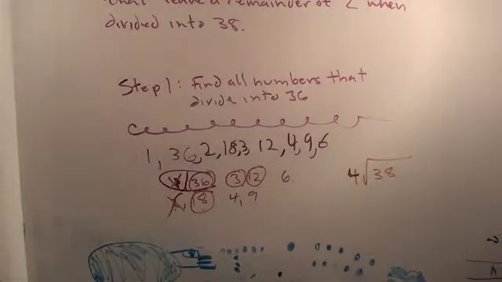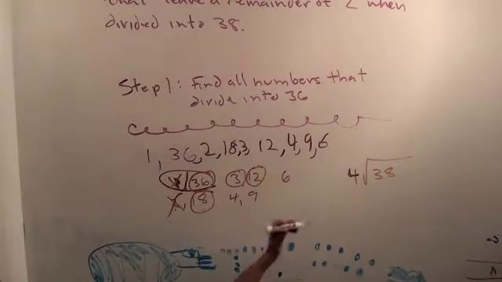What do you do? 4 goes into 3 0 times. Okay. 4 goes into 38 how many times? 9 times. Okay, so what do you write and where do you write it? You write the 9 and it's on top of the 8.